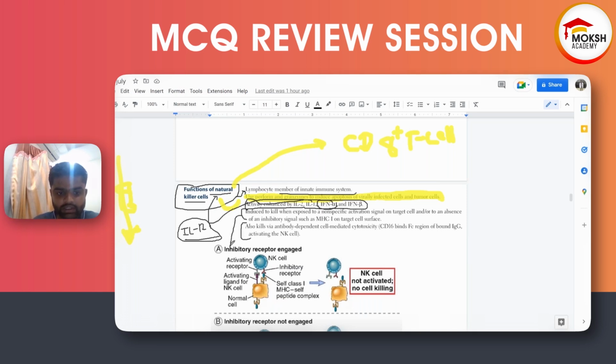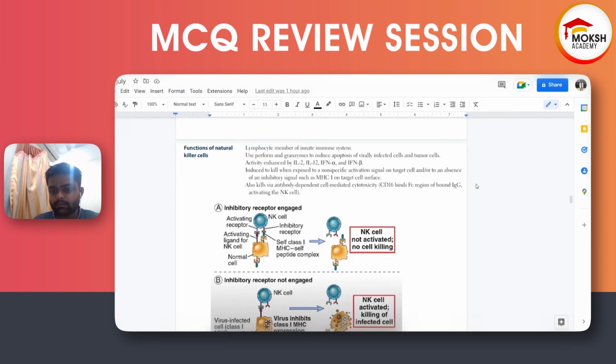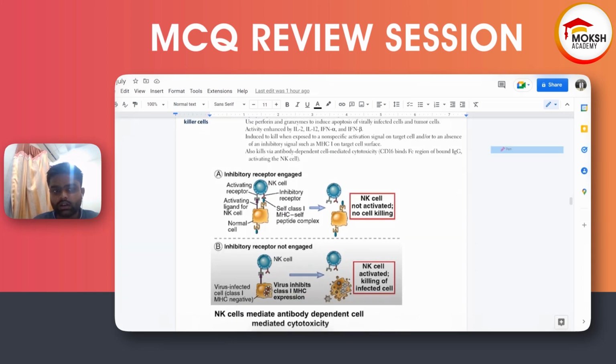And these are both mechanisms of how they are activated. The first one we'll discuss in this image. It is induced to kill when there is exposure to nonspecific activation signals on the target cell or the absence of inhibitory signals such as MHC class 1 on the target cell. So whenever we want to stimulate natural killer cells to kill, there should be an absence of inhibitory signals such as MHC class 1.